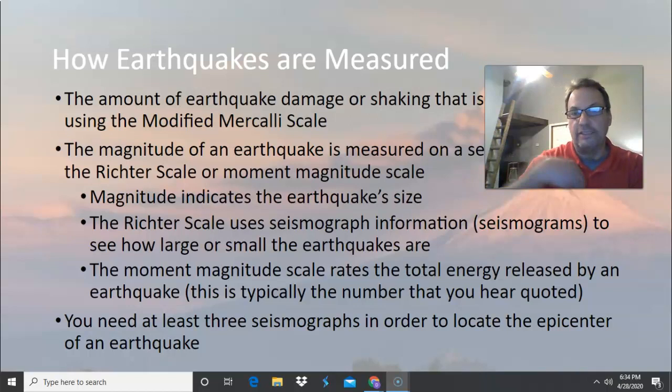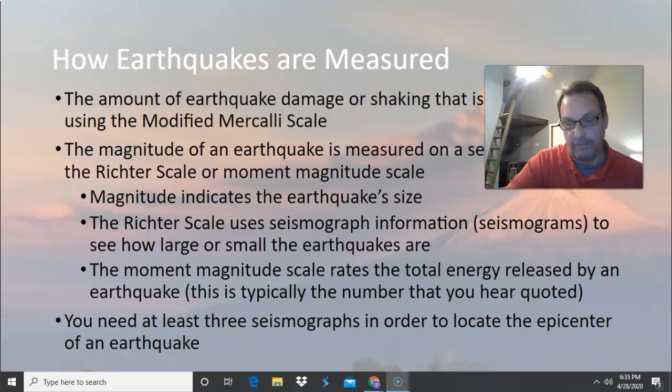But all we can really determine from that is whether or not it's closer to Madisonville or closer to Tellico. You need that third party, that third information source to really locate exactly where it happened.